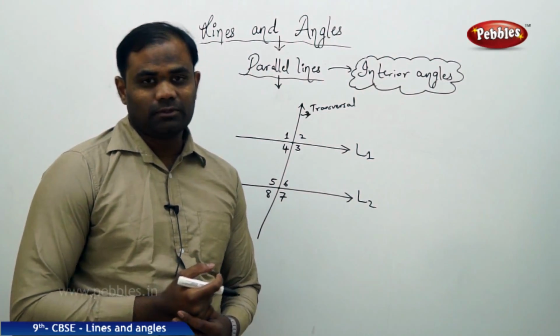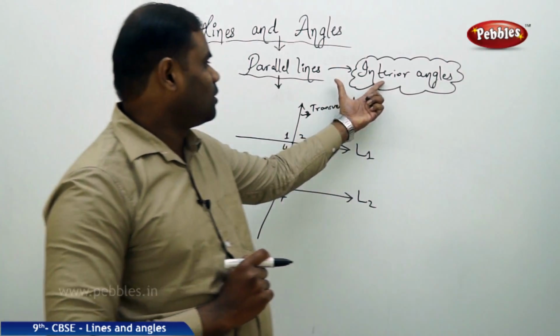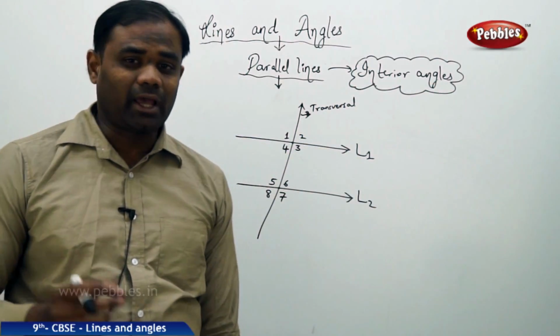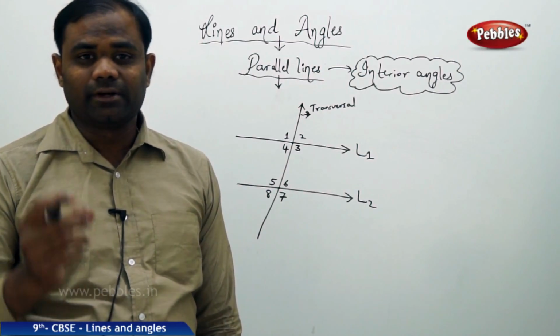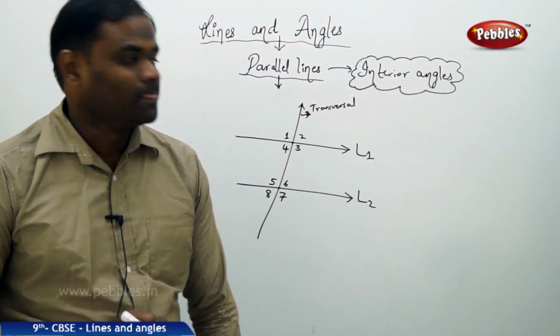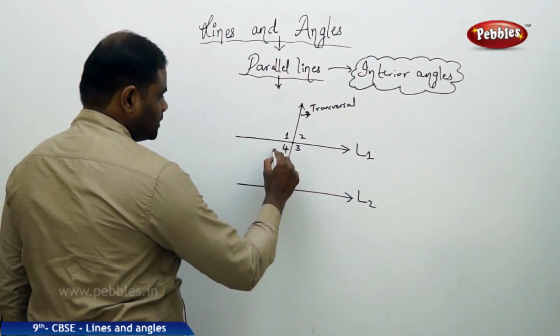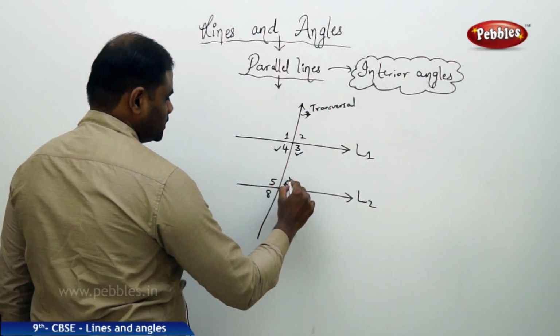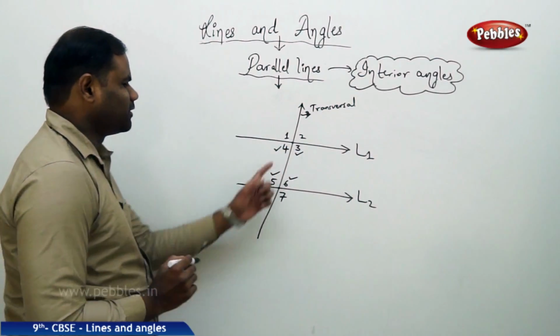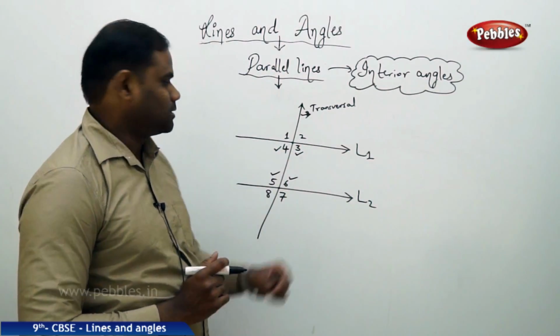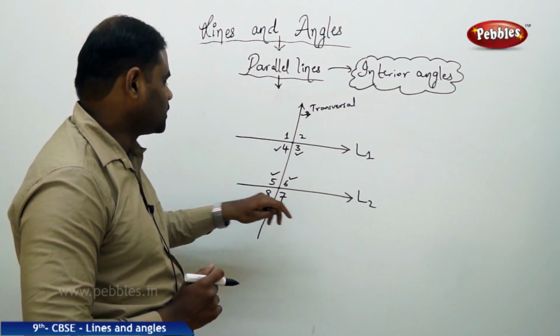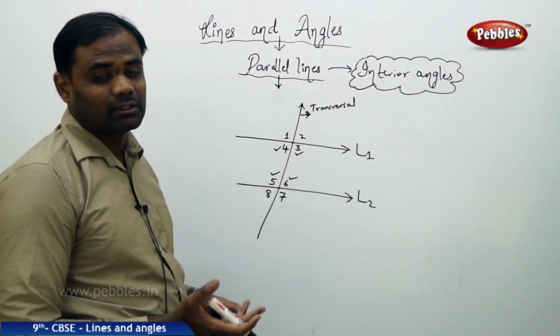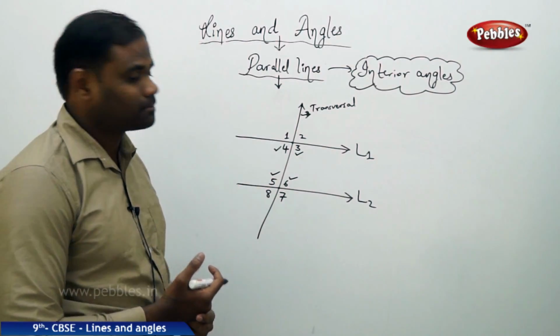Now, out of these 8 angles, we call the interior angles those angles which are in the interior region of the parallel lines. So clearly I can see that this and this are in the interior region of the parallel lines, where 1, 2, 7 and 8 are said to be outside, that is in the exterior region.